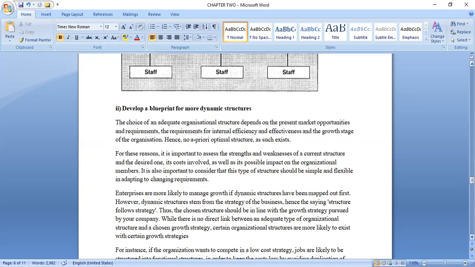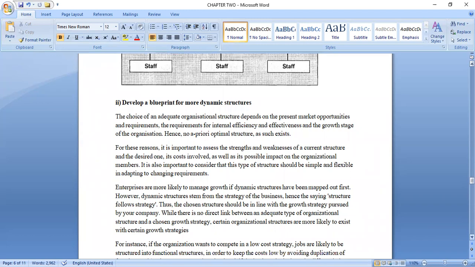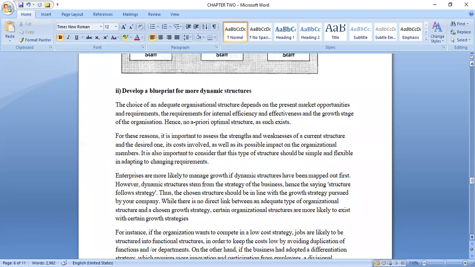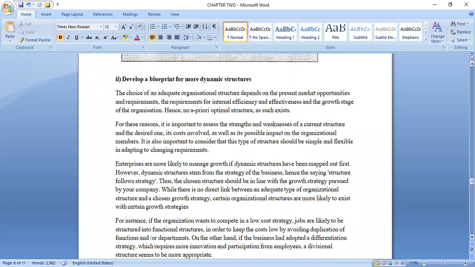It is practically looking at the kind of organization structure you have, analyzing it, and depending on different factors that you are going to discover, you'll be able to know what kind of organizational structure fits your organization or your business, right? So to be precise, you should know, number 1, the size of your business. You should look at the growth stage.